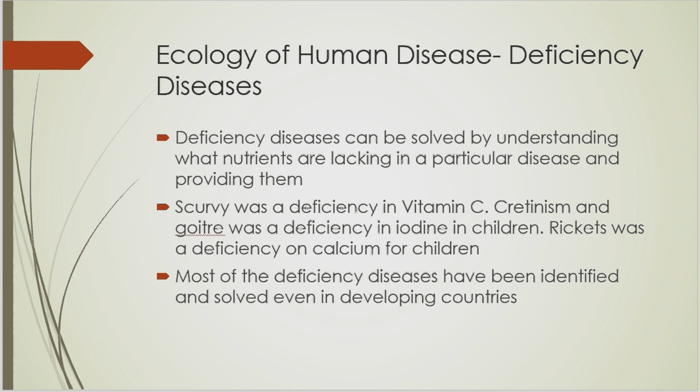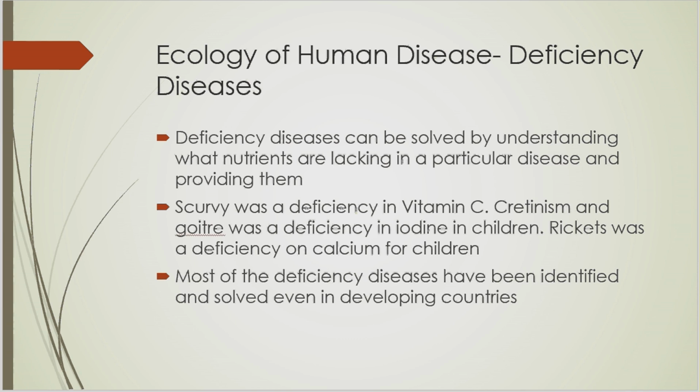First of all, deficiency diseases. Deficiency diseases can be solved by understanding what nutrients are lacking in a particular disease and providing them. So things like scurvy, goiter, cretinism, rickets, they were all deficiency diseases. They have been prevalent in society throughout history, but they generally tend not to be part of societies today.